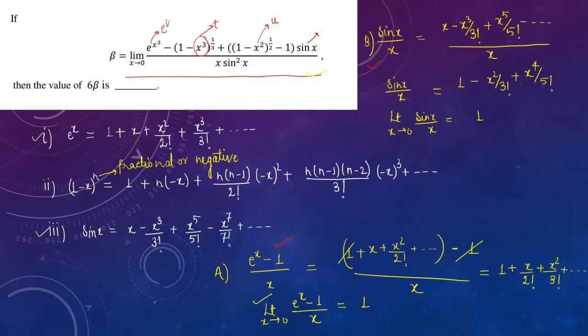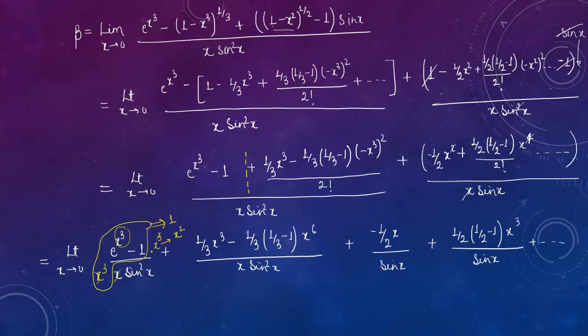you can do one thing: you can bring this x square, since we are getting this whole term, this term will tend to 1 after applying limit, and the term will be x square by sine square x.